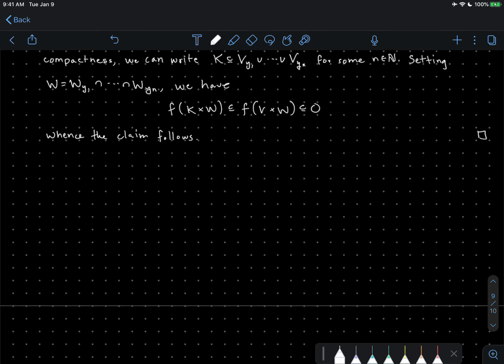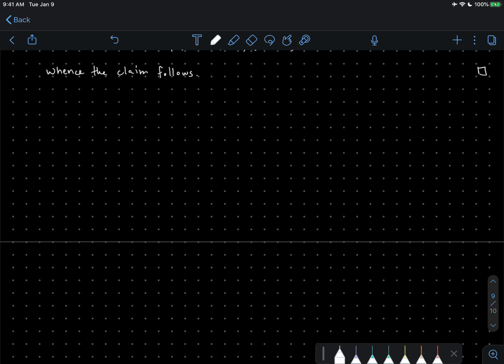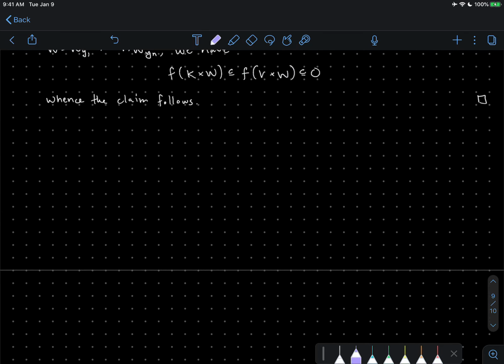And finally, we can get to the point where we can prove the theorem of the exponential law.